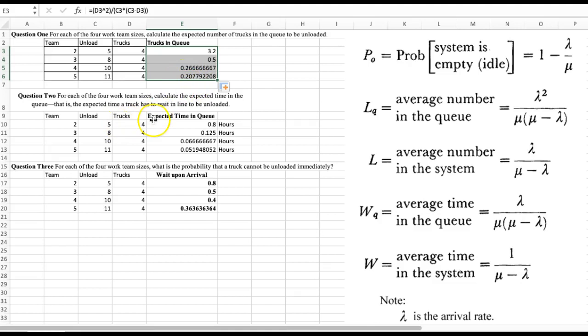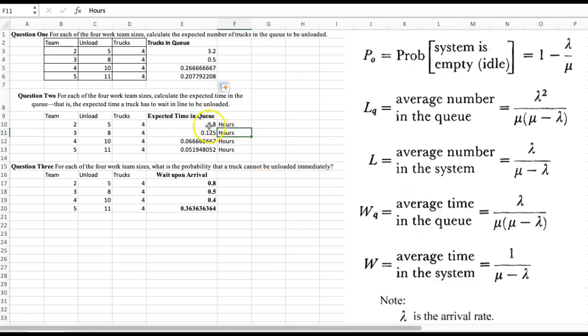Now the next one that we have is our question 2. Question 2 has the same chart here as well, and what it is asking is the expected time in the queue. So how long is something going to be in the queue?